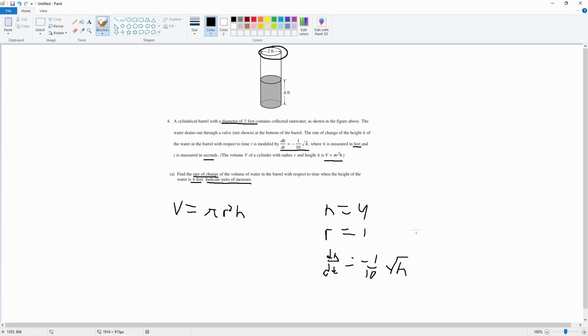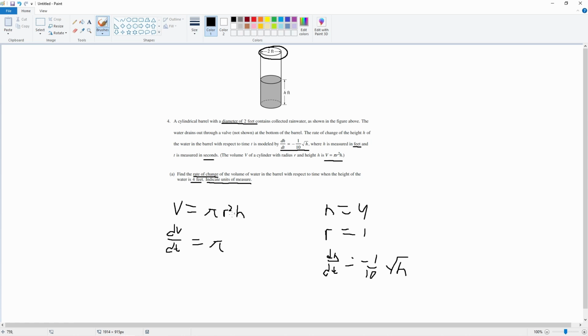To solve this problem, we have to take the derivative of this formula, so dV/dt equals pi.